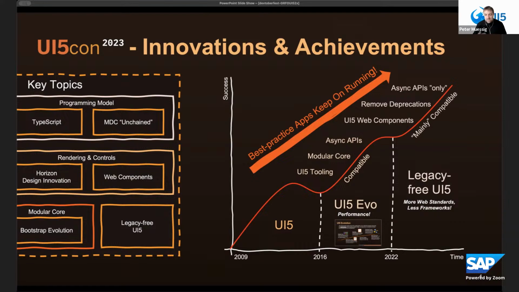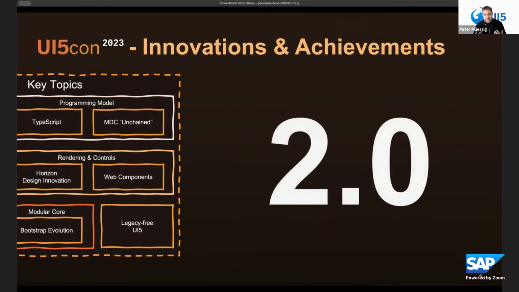And this was the idea of having a legacy-free UI5. But if we say legacy-free, this means we also remove stuff from the framework, and then this couldn't be really a compatible way forward. And that's why I decided to call this new version 2.0.